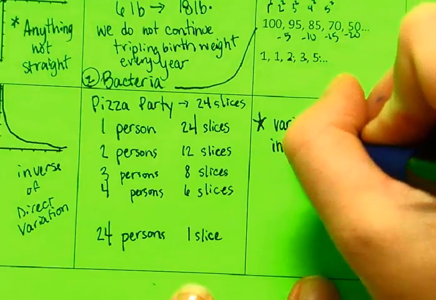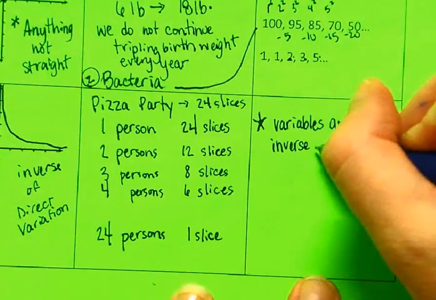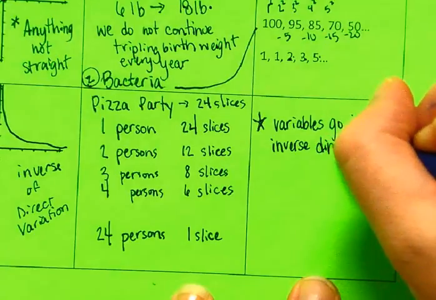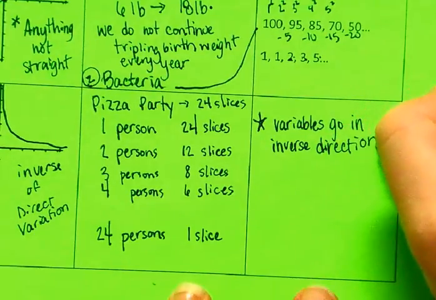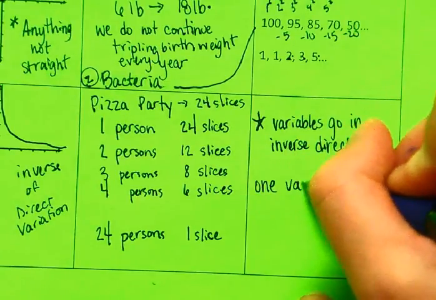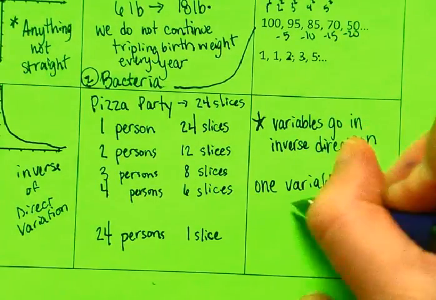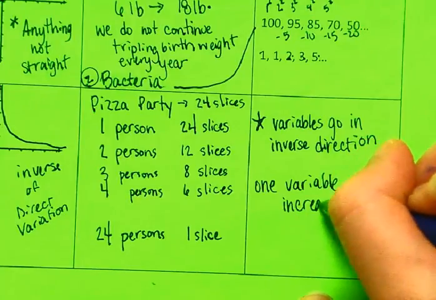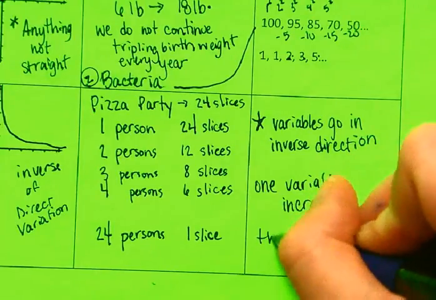They go in inverse directions, so if one goes up, the other goes down. One variable increases, the other variable decreases.